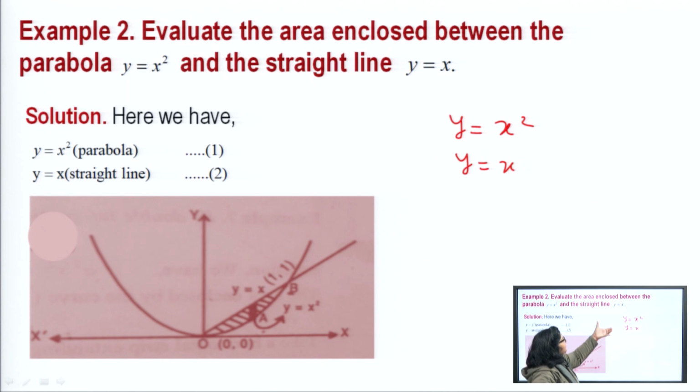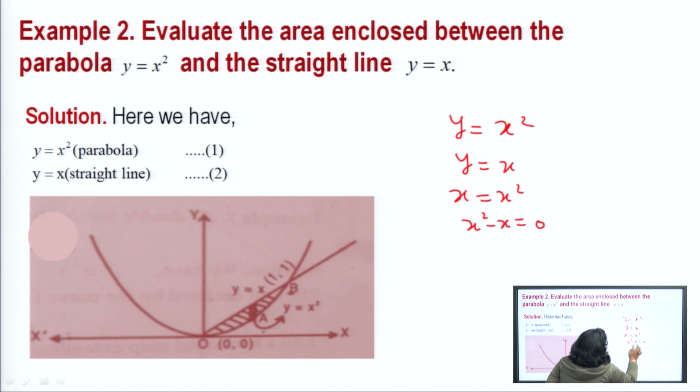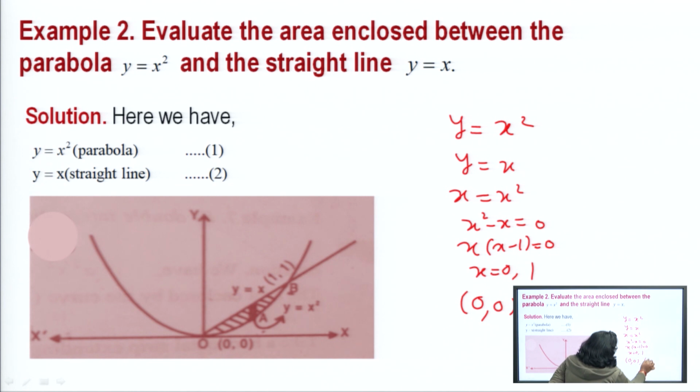Firstly, find the points of intersection. Put y is equal to x square, so x square minus x is equal to 0, x into x minus 1 is equal to 0, so x is equal to 0 or 1. The corresponding values, because y is equal to x, give the points of intersection 0 comma 0 and 1 comma 1.